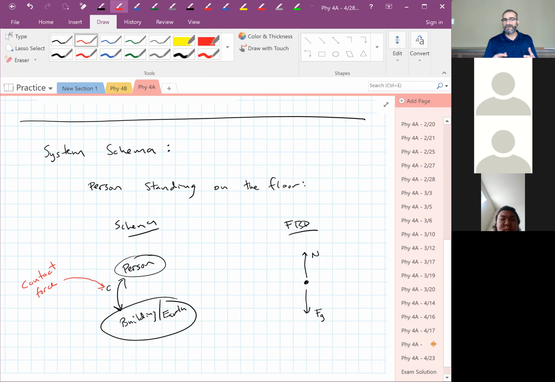For almost everything we deal with this quarter, there's only one force that can reach in from a distance and interact with something, and that's gravity. Everything else, there has to be some contact. So this is a contact: the person's standing on the floor, and the floor is pushing back on the person because they are in contact with each other. That's the normal force here. And there's a non-contact force, that's the force of gravity.